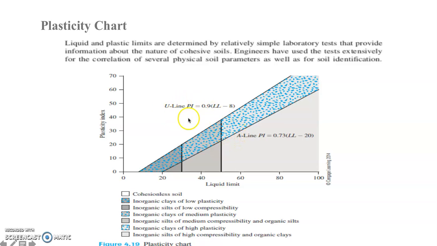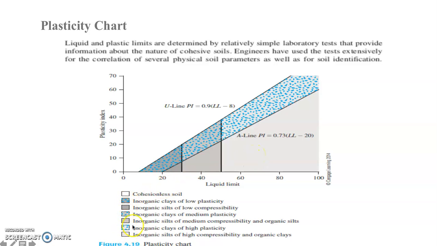You also have the equation for the U line. The U line is the upper limit of your A line. So this is the illustration for the plasticity charts. And basically, the A line separates the clay from the silt.